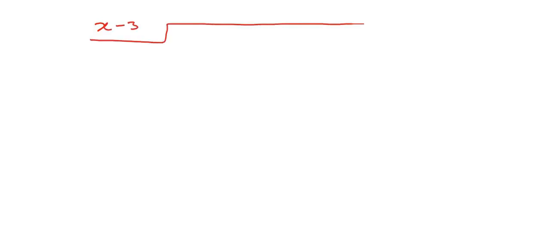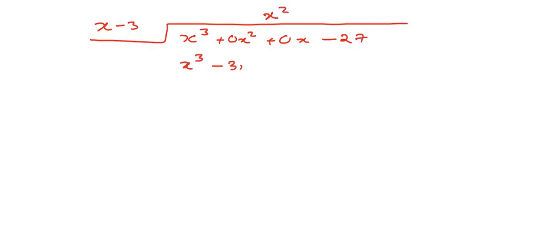I'm using long division now. I just want to give you a variety to help you remember and revise everything that you learned, either long division or synthetic. So x into x cubed, that's x squared. That's going to be x cubed, then minus 3x squared. Then here, we're going to find the difference. This is 3x squared.